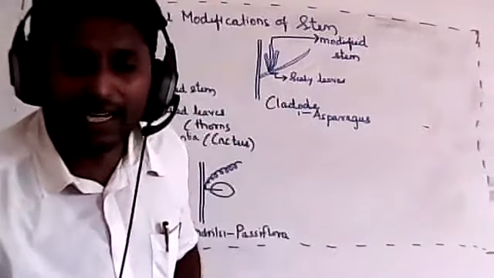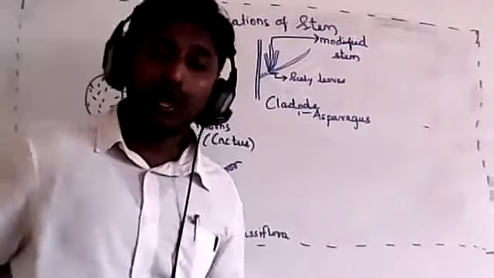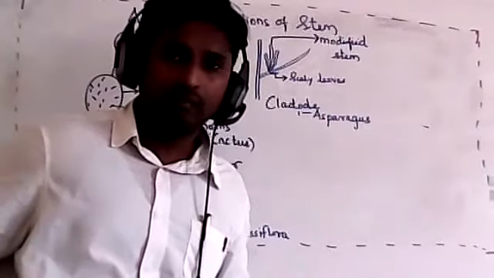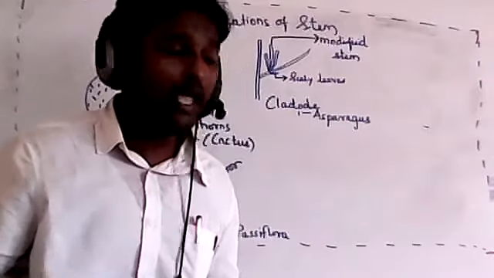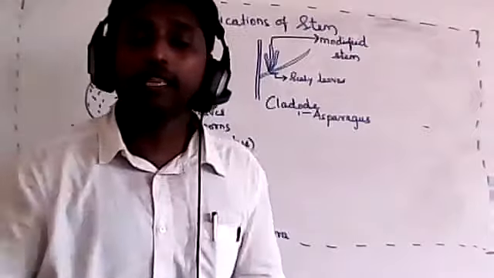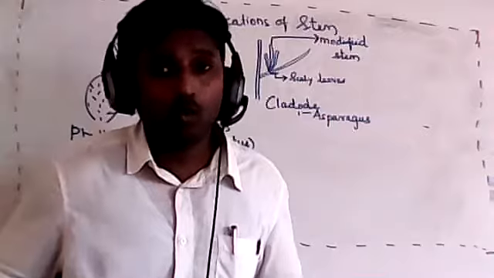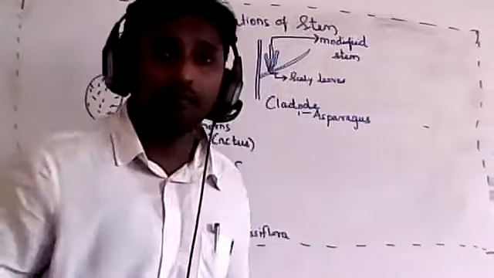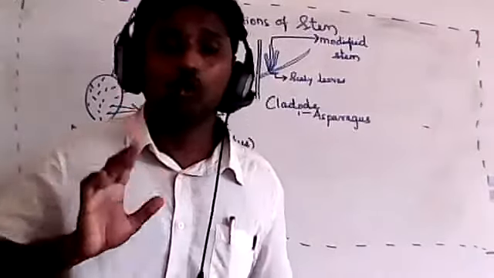Okay. Now next is cladode. This cladode and phylloclade are almost the same. But the difference is, in phylloclade there are many nodes and internodes. But in the case of cladode, there is only one internode.